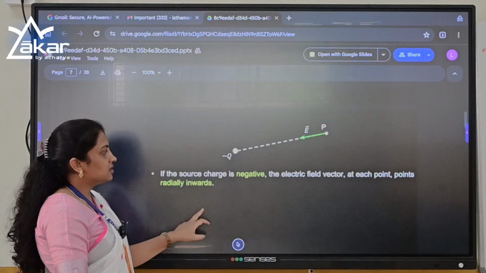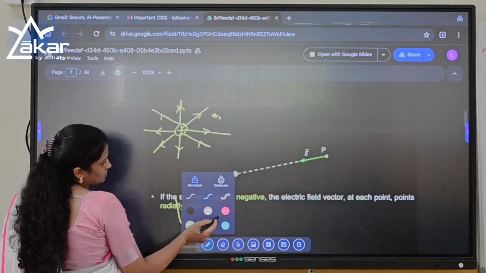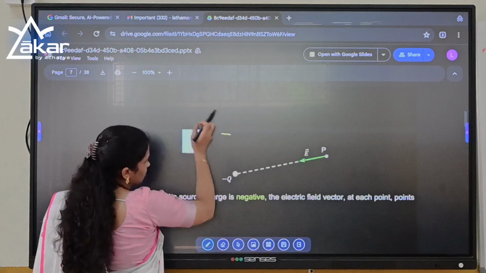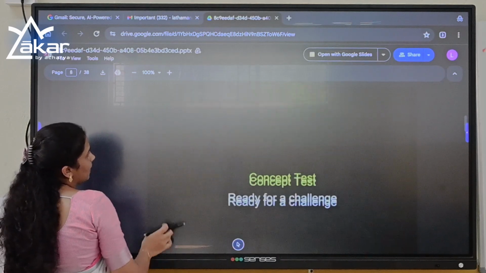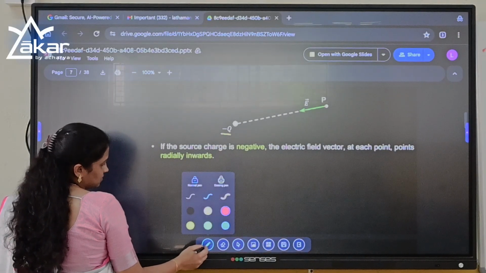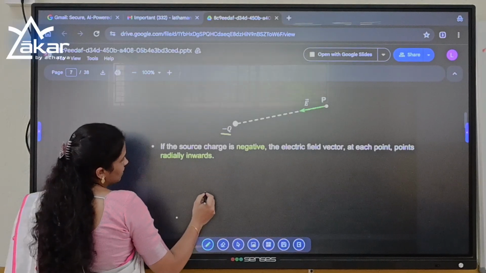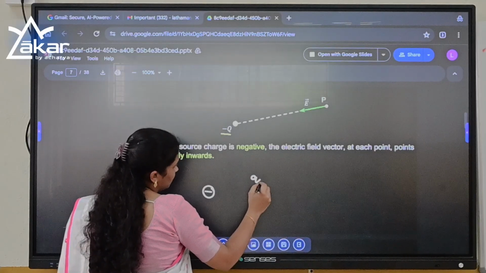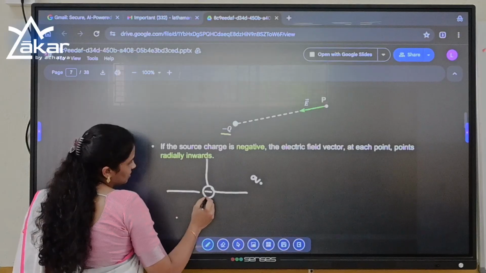Next, you can take a negative charge, and take the test charge near to the negative charge.